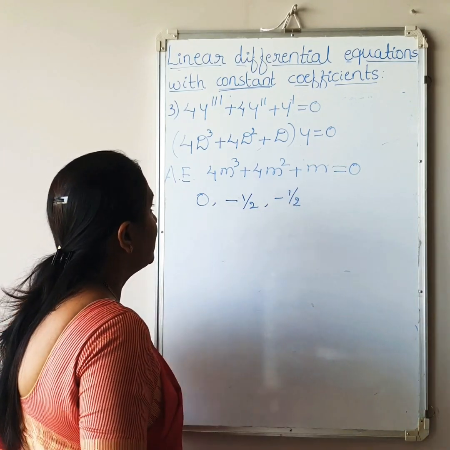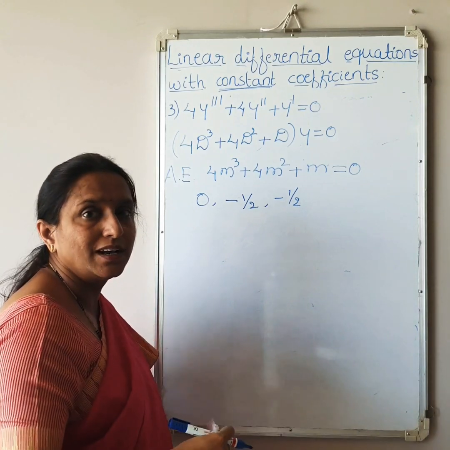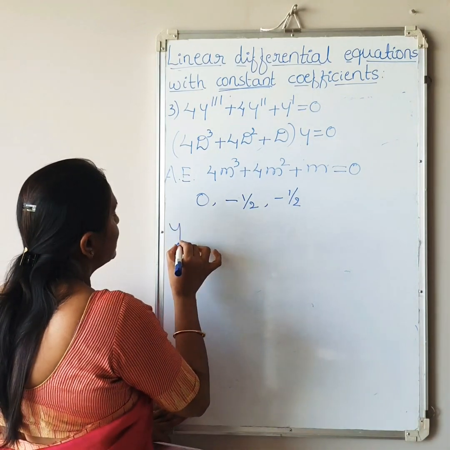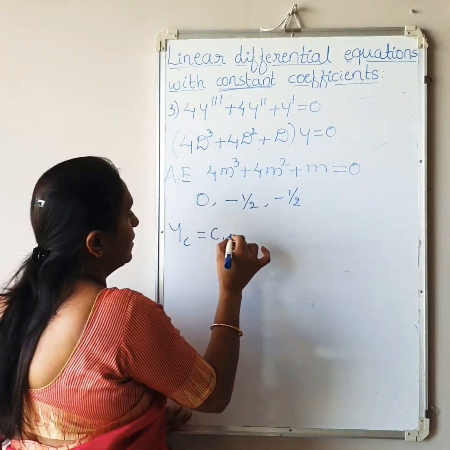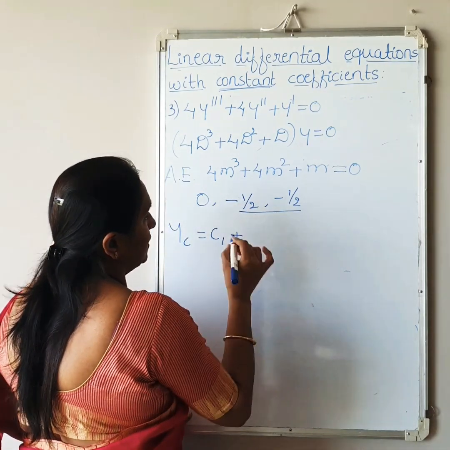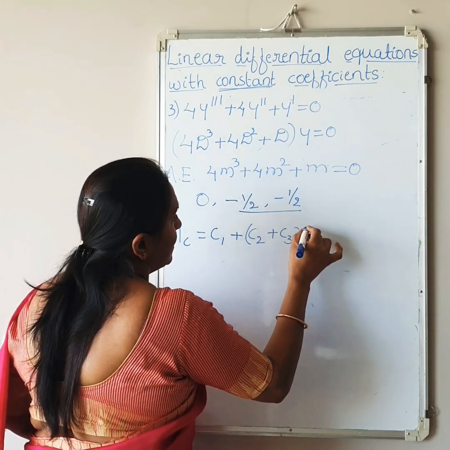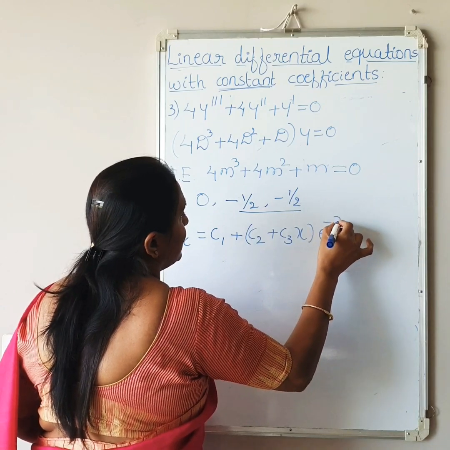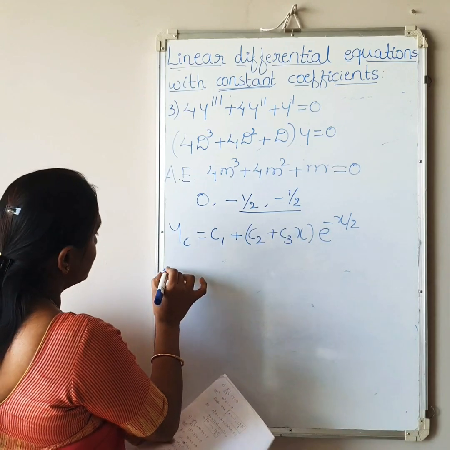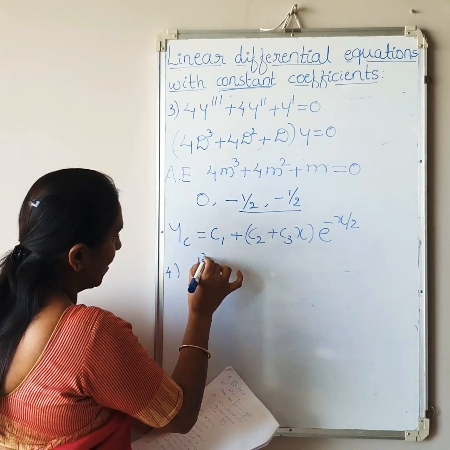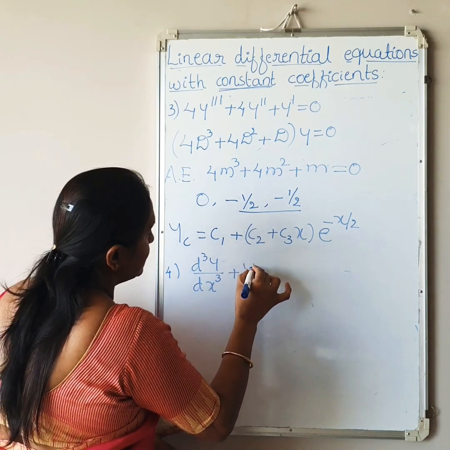So here 3 roots are there and 2 roots are equal. All 3 roots are real. So yc is equal to c1 e raised to 0 into x, that means c1, plus, since these 2 roots are equal, we have to write c2 plus c3x e raised to minus x by 2. This is yc.